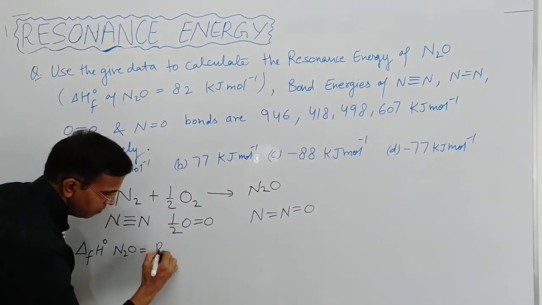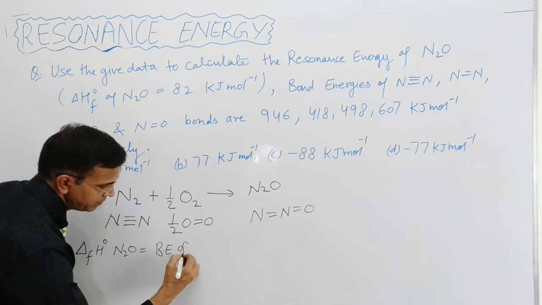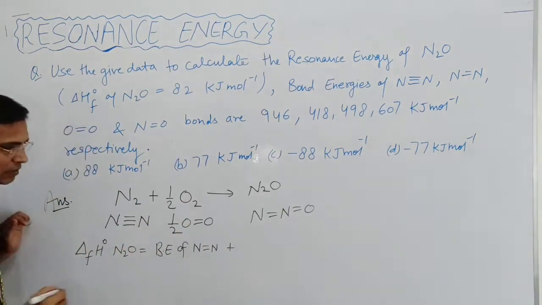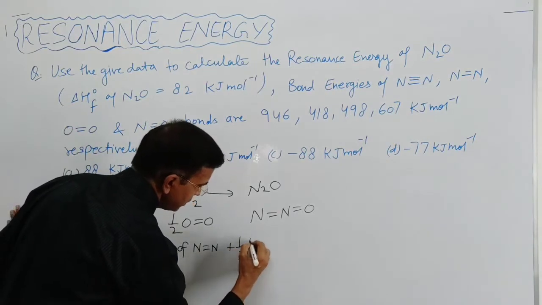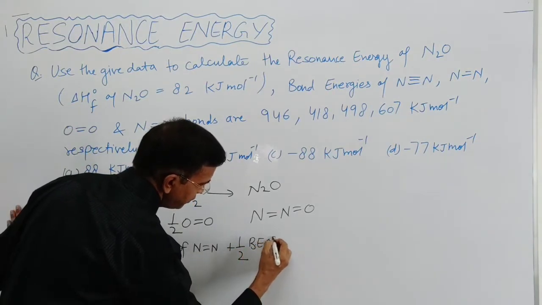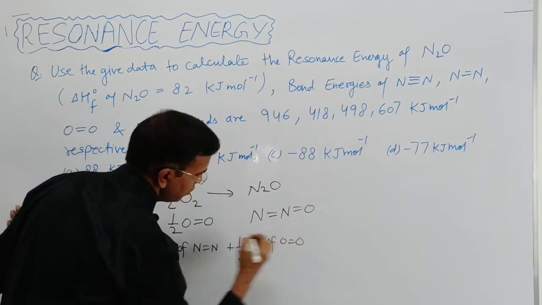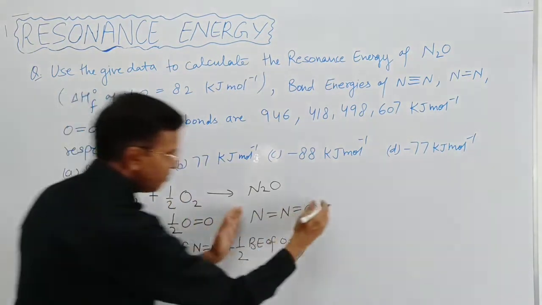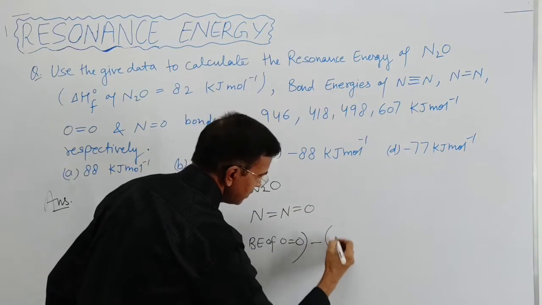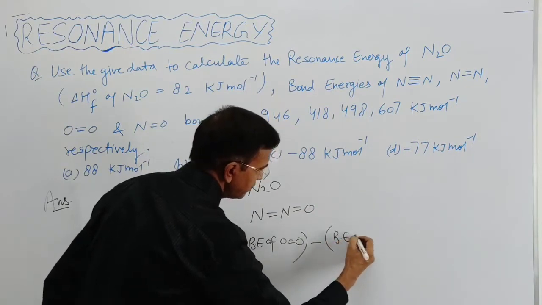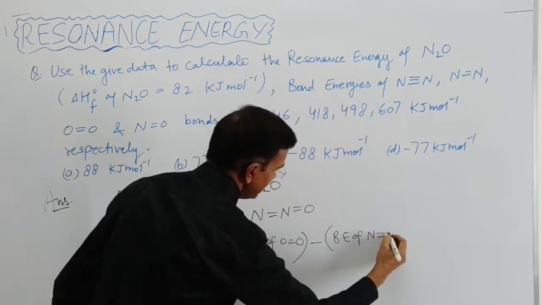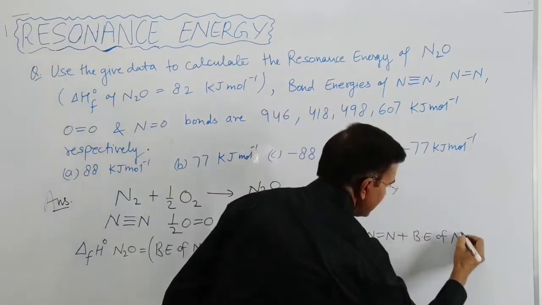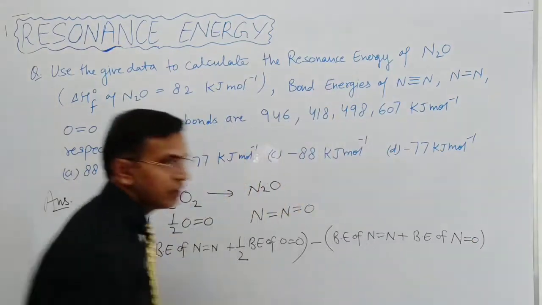So bond energy of N triple bond N plus half bond energy of O double bond O, this side, minus bond energy of N double bond N plus bond energy of N double bond O, right?